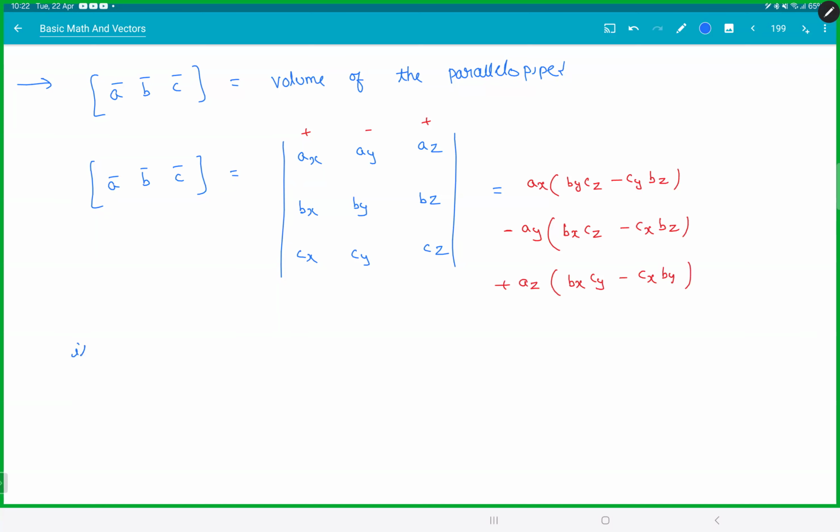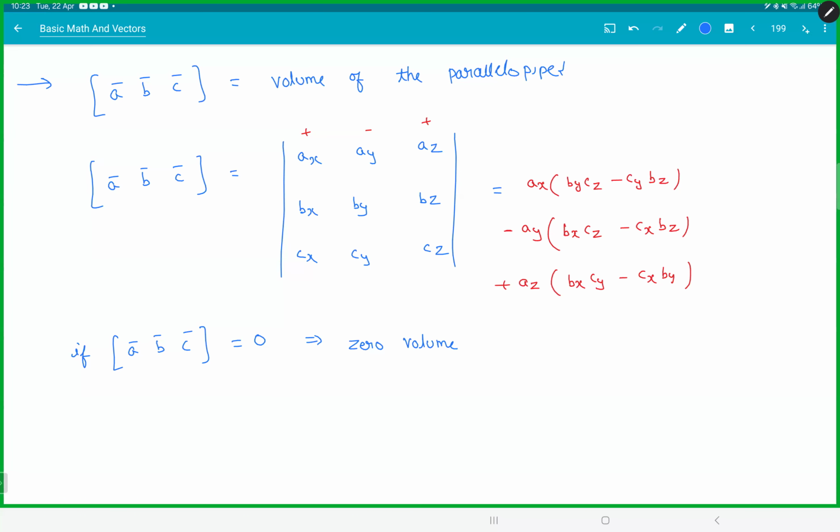Now tell me one thing, if the box product is 0, what does it mean? It means 0 volume. So what does that mean? Same plane. They're not forming a box, right? We have a box with 0 height, isn't it? All three vectors are in the same plane.